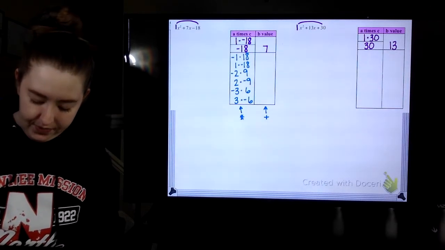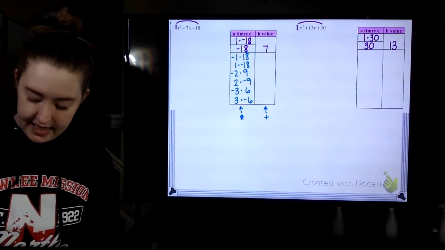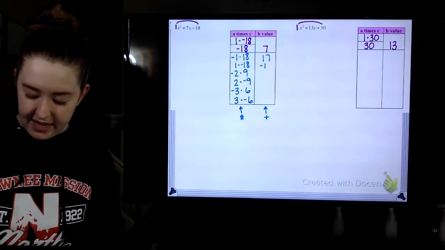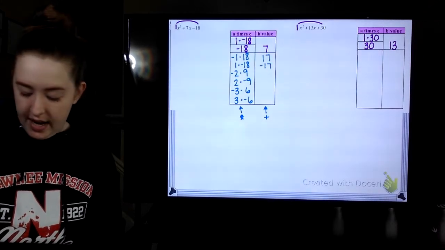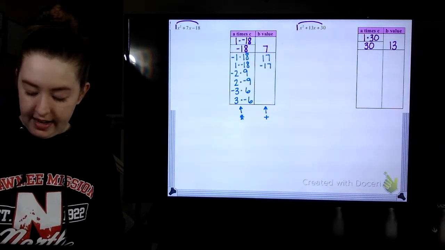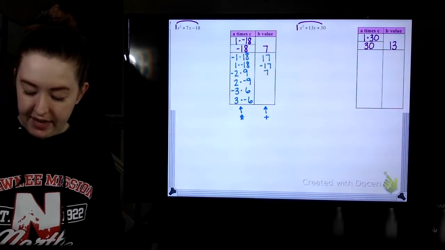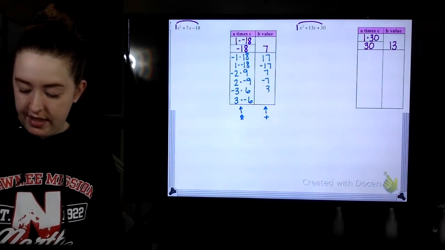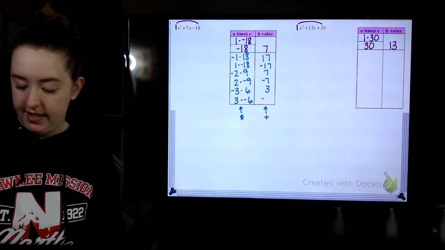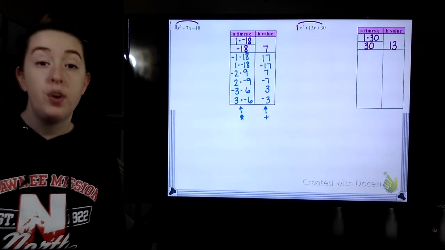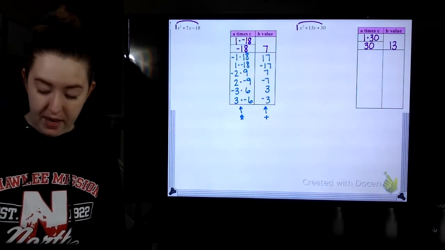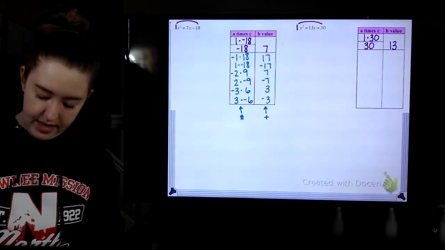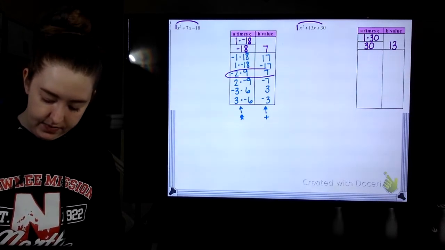So, negative 1 plus 18 is 17. 1 plus negative 18 is negative 17. Negative 2 plus 9 is 7. 2 plus negative 9 is negative 7. Negative 3 plus 6 is 3. 3 plus negative 6 is negative 3. So which of those adds to my b value of positive 7? It's going to be negative 2 and positive 9.